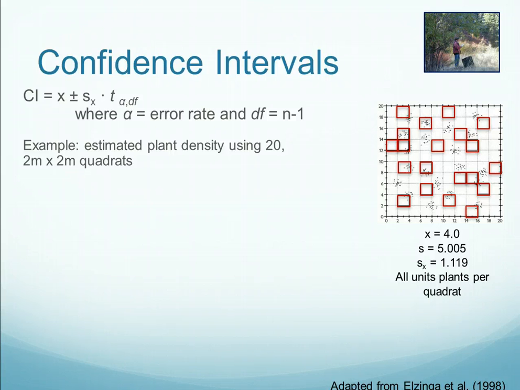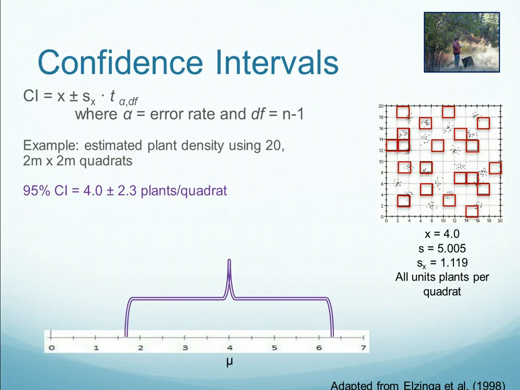Let's look at an example. In this case, we're looking at a population of plants represented in this diagram. There are 20 quadrats that we have used to estimate the density of plants. If we develop the 95% confidence interval, that is 4.0 plus or minus 2.3 plants per quadrat, we're stating that we are 95% confident that the true mean mu falls within the bounds between 1.7 and 6.3.